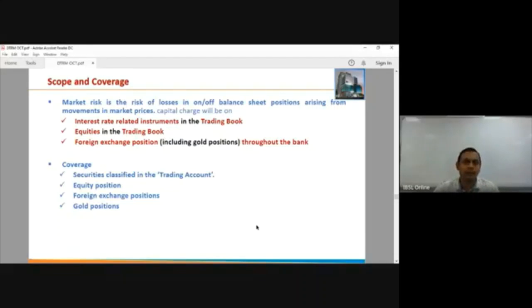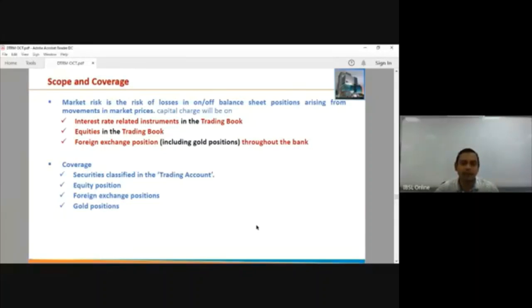So the scope of this computation is basically to compute your interest rate related instruments in the trading book. We take only the trading book for this particular computation. We are not going to take your banking book.